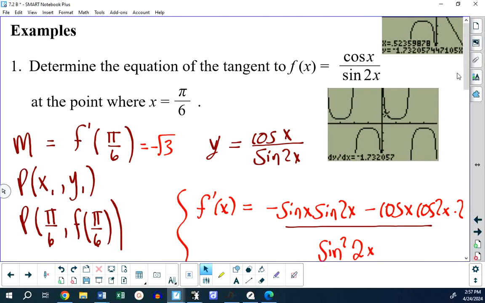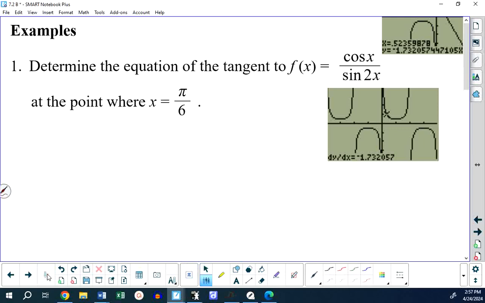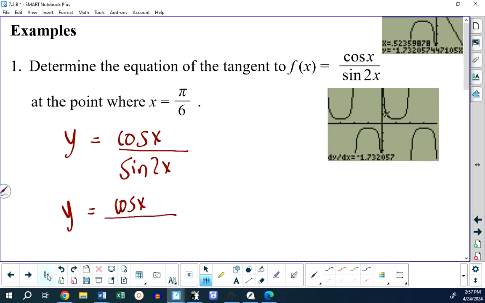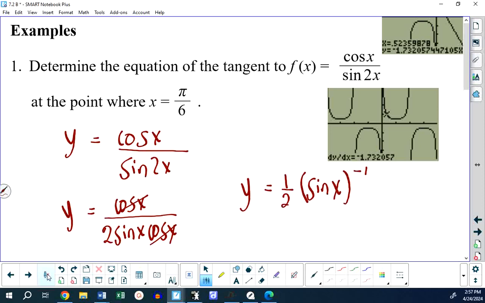Because, and I can tell by the looks on some of your faces, some of you knew this, y is equal to cos x over sine of 2x, y is equal to 1/2 sine of x to the negative 1.